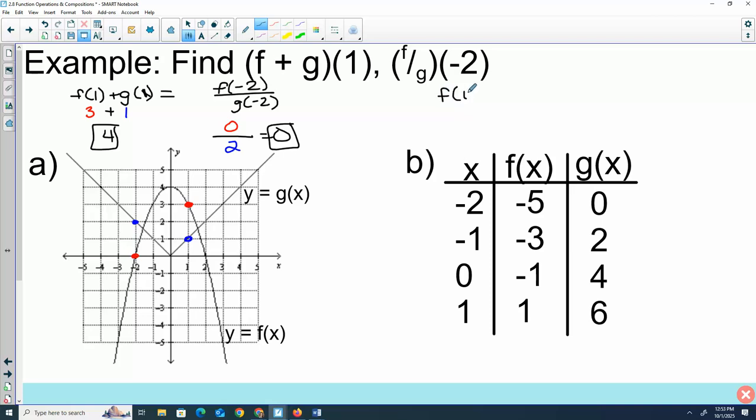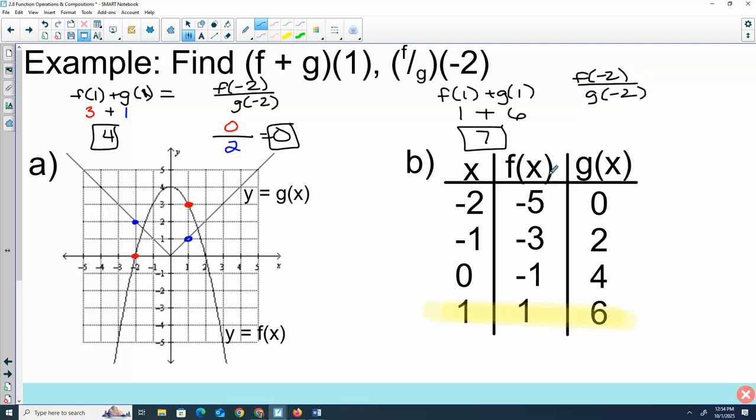F plus g of 1. What is f of 1? I'm saying my x is 1, so careful, positive 1. When the x is positive 1, what's the y value of f? 1. Plus, what's the y value of g? 1 plus 6 gives me 7. If I ask for f divided by g of -2.